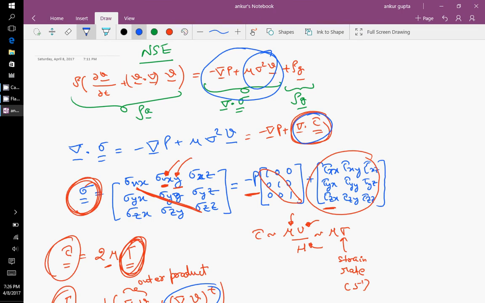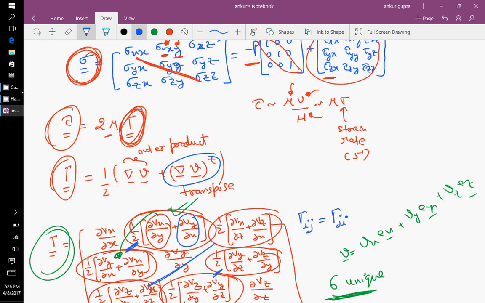And tau is symmetric because gamma tensor is symmetric because that's a sum of outer product of gradient and velocity, and it also has transpose added to it. So because transpose is added, gamma becomes symmetric, so tau becomes symmetric, and so sigma becomes symmetric. This is just a mathematical reason.